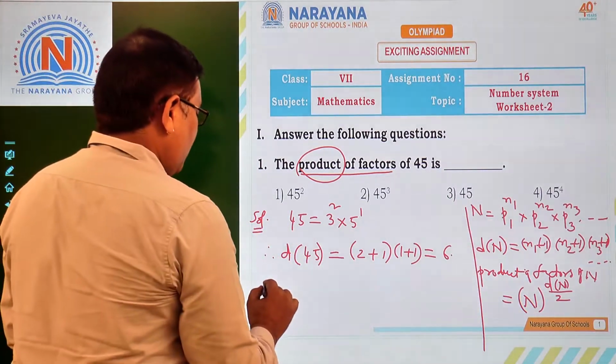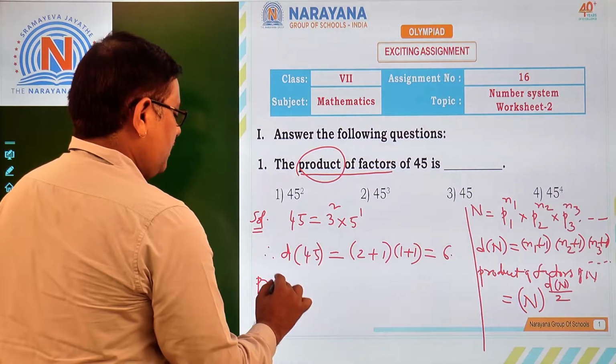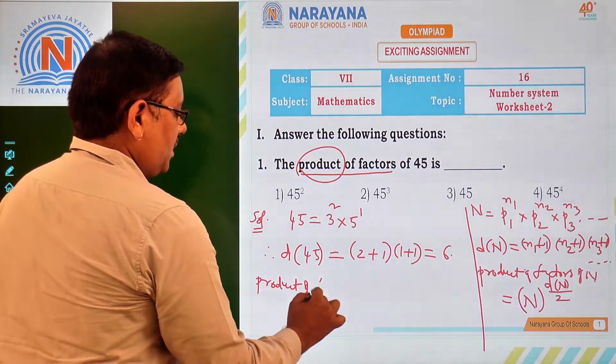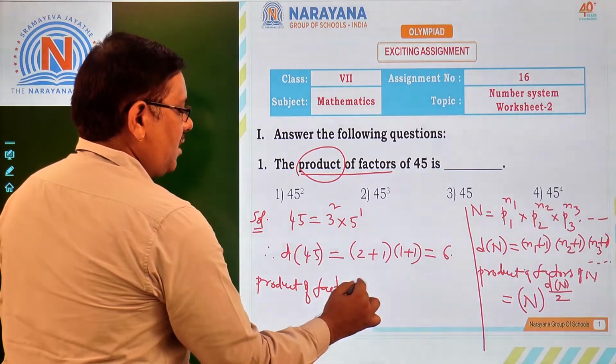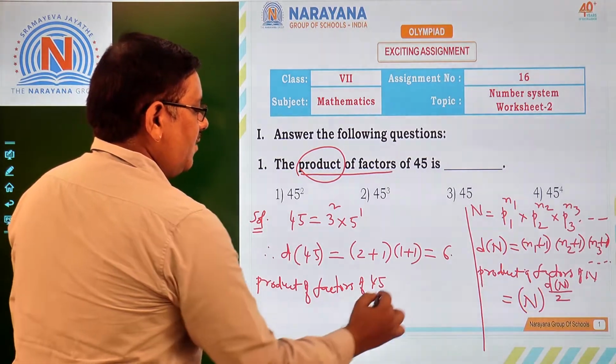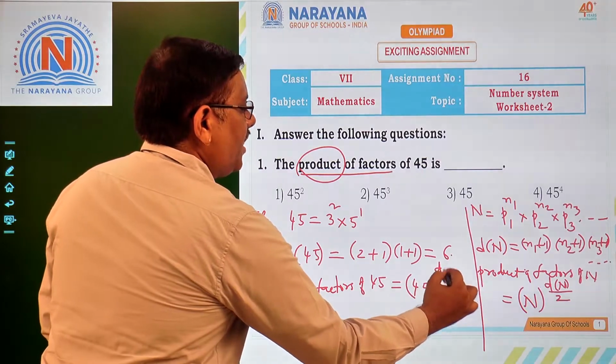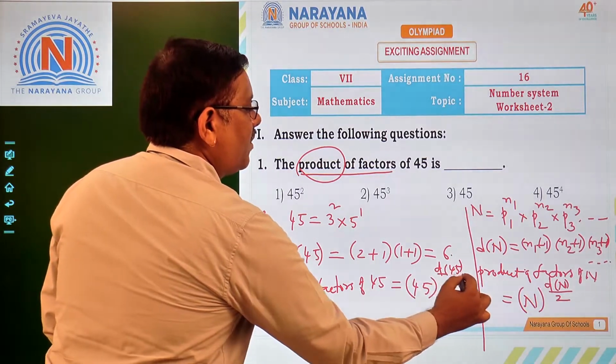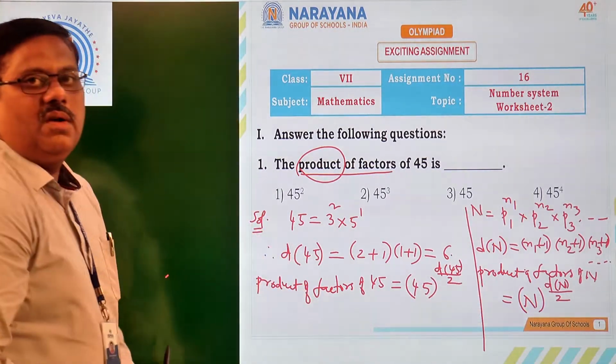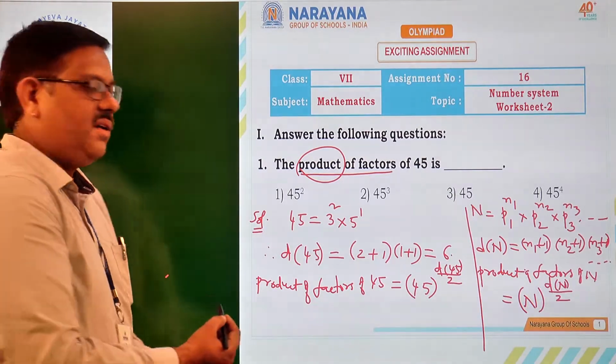Now what do you need now? Product of factors of 45. What is the formula? That is n to the power of d of n by 2, that is 45 to the power of d of 45 by 2.